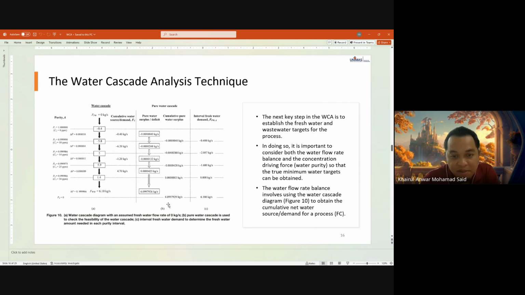So this column refers to the pure water cascade. Also this one, negative 6.2 multiplied with 0.0004 delta P. Delta P refers to purity, not delta P as pressure. Similar to this. And next is doing another water cascading.